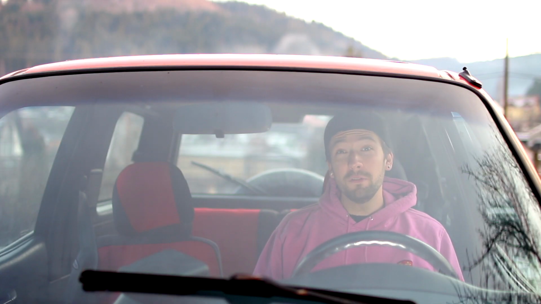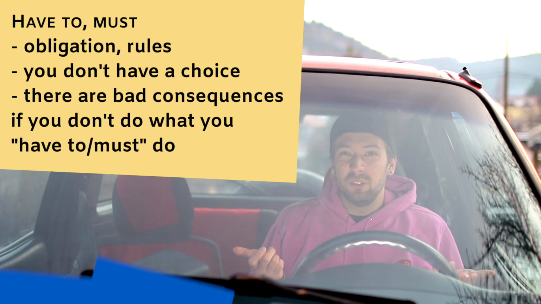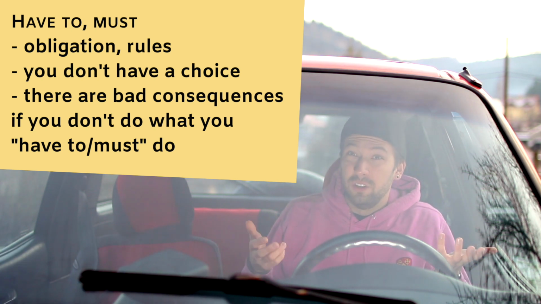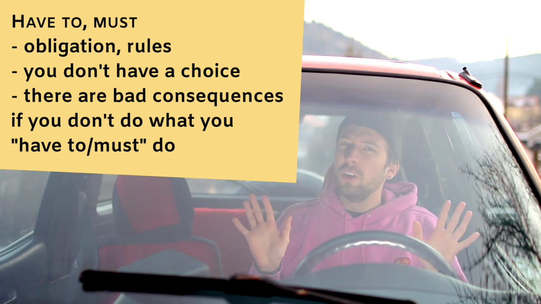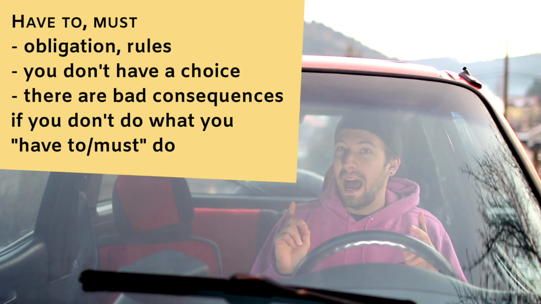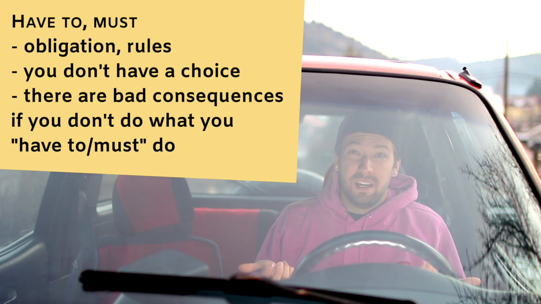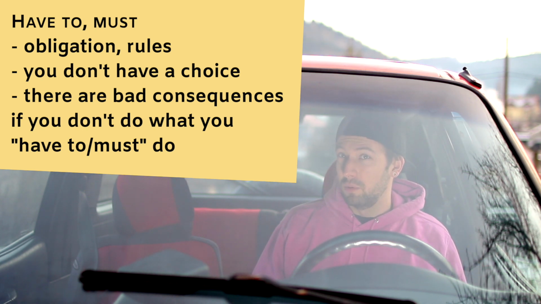Think of them independently. We use both have to and must for obligation and rules, when you don't really have a choice whether you do it or not. Of course, you always have a choice in life, but if you don't do what you have to or must do, there will be a bad consequence, like a punishment, for example.